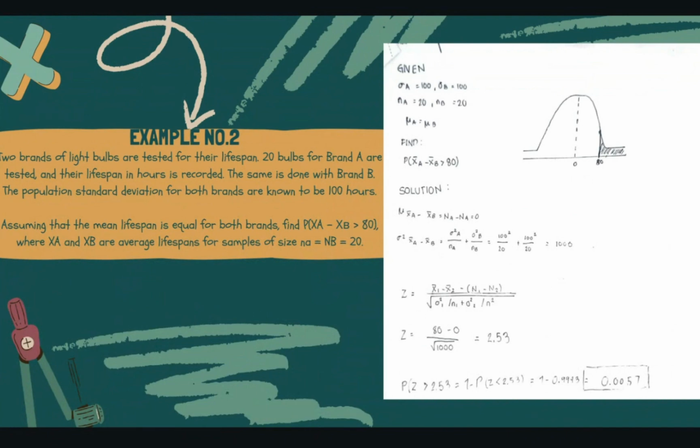Example number 2. Two brands of light bulb are tested for lifespan. 20 bulbs of brand A are tested and their lifespan in hours is recorded. The same is done with brand B. The population standard deviation for both brands is known to be 100 hours.